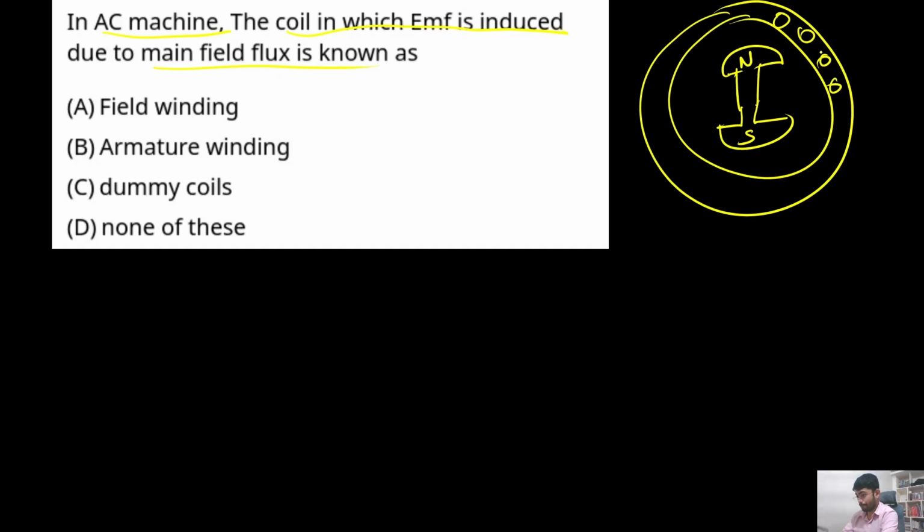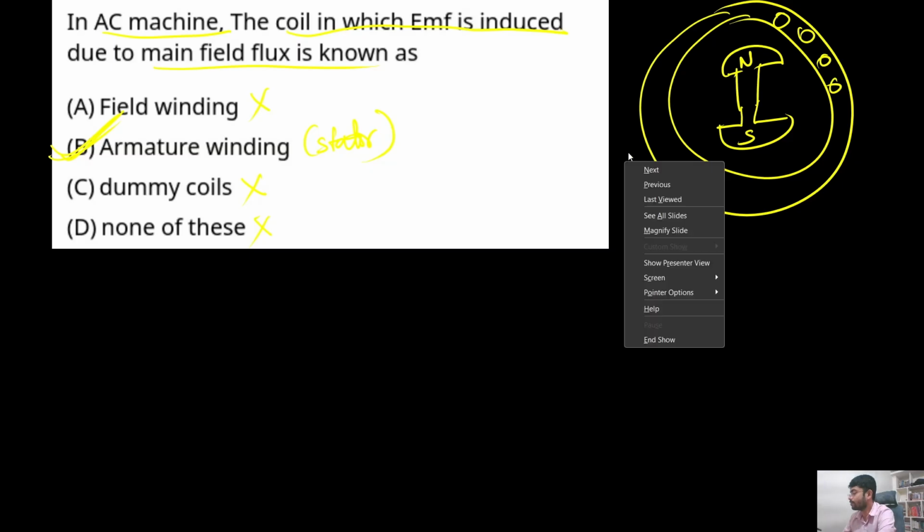So it can also be called armature winding. So field winding is not the answer, dummy coils is not the answer, none of these is not the answer. Armature winding. So EMF is induced in the armature winding, that is stator. So option B is the correct answer.